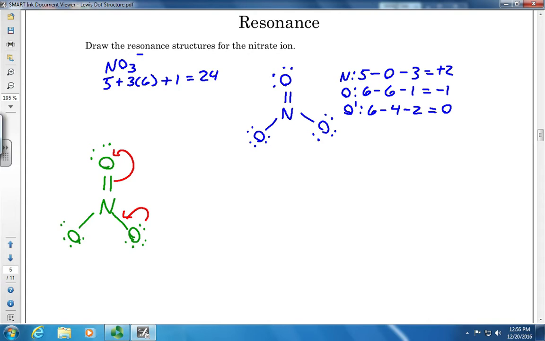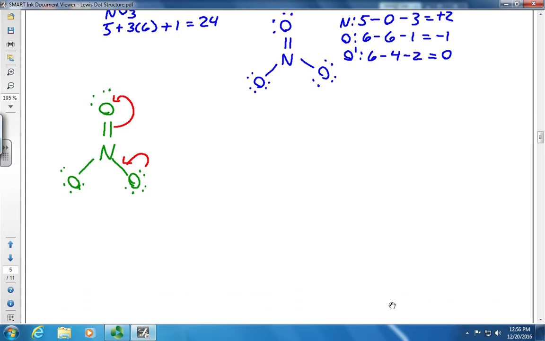The result would be oxygen over here, a very similar structure to what we already saw, except the double bond is now in the corner.